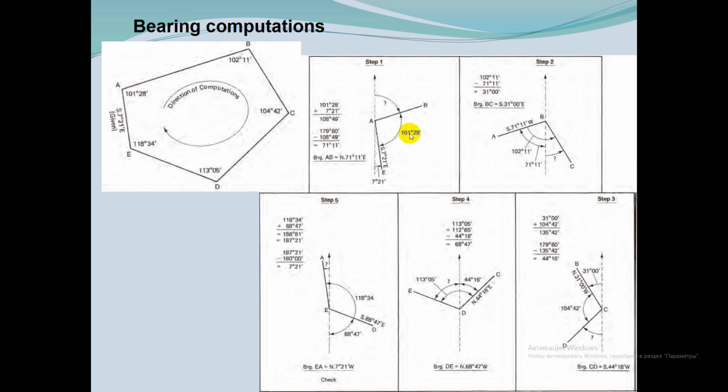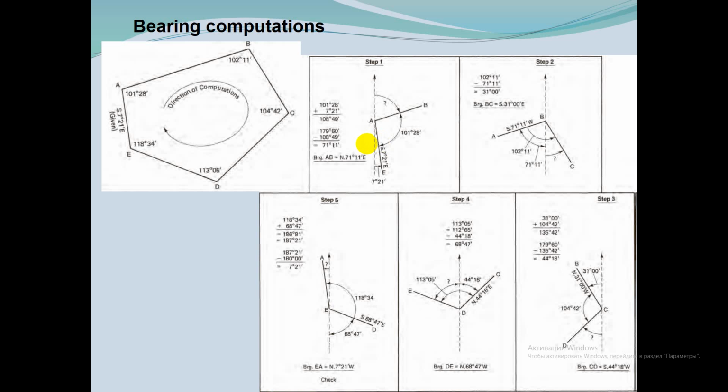This is the interior angle A. So what is the bearing of AB? Here it's apparent that the required bearing angle AB plus interior angle A plus bearing angle AE total 180.